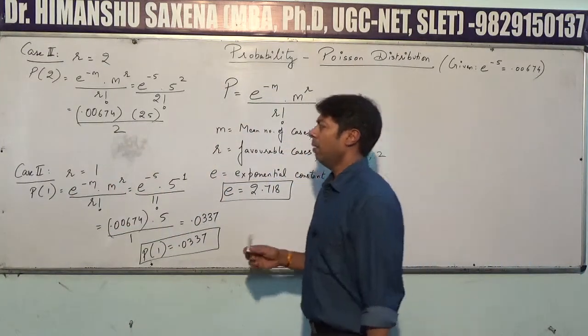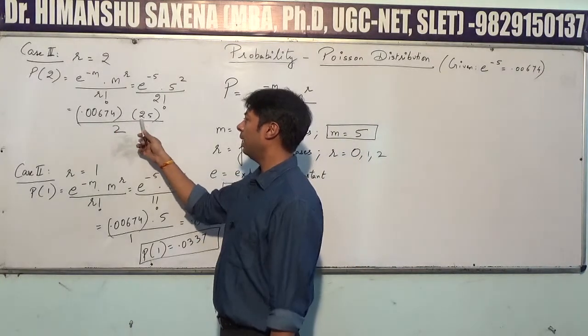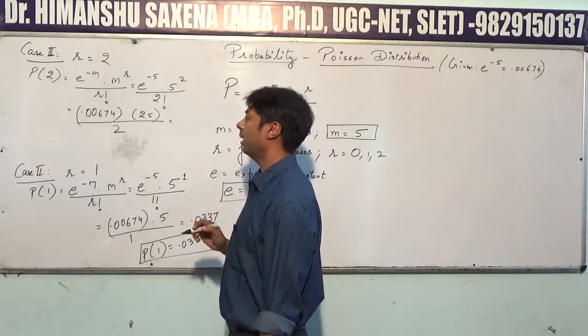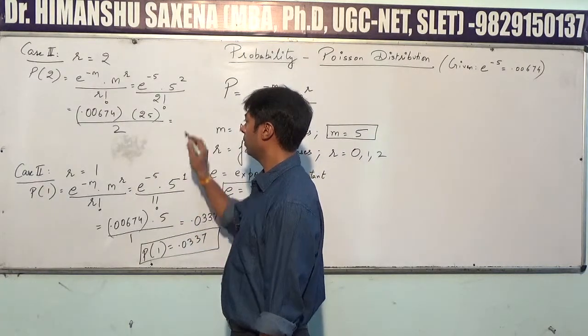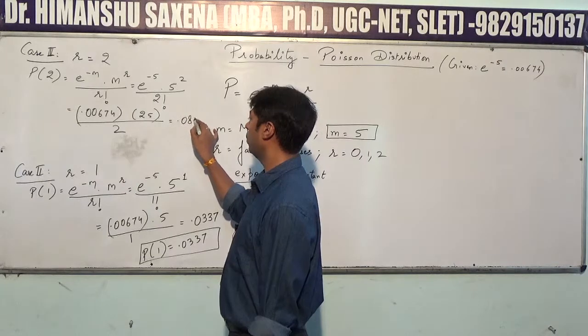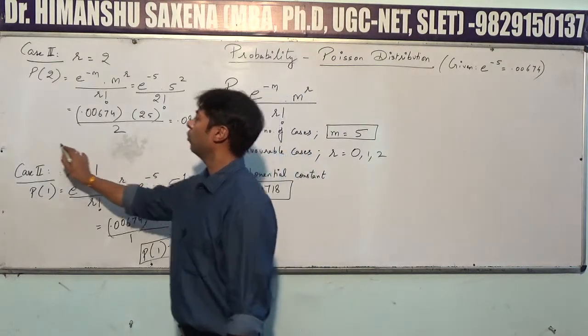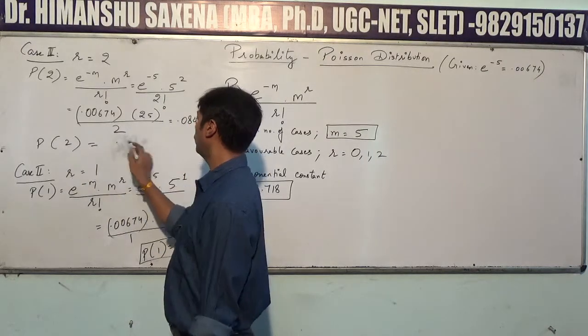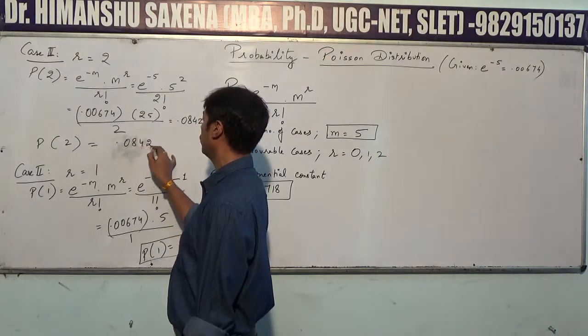Now solve it: 0.00674 multiplied by 25 whole divided by 2. How much will you get? 0.08425. So we can say that P2, when r is equal to 2, is 0.08425.